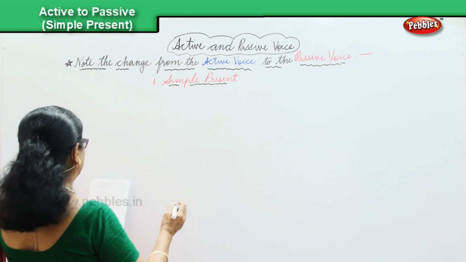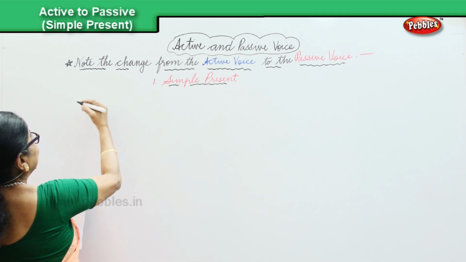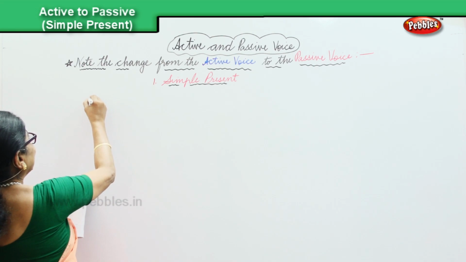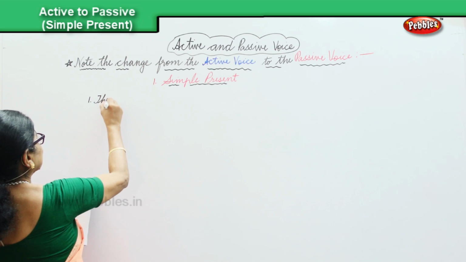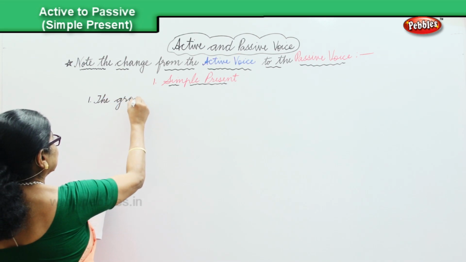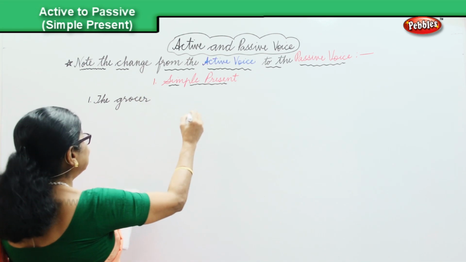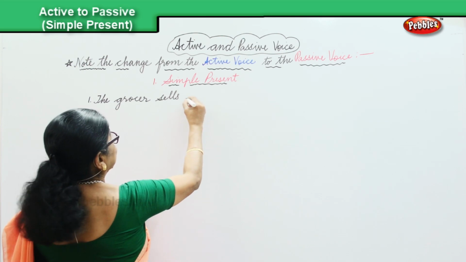The first one we have active. Let's say we are looking at first the active one. The grocer sells sugar.